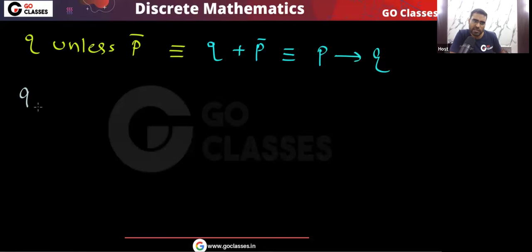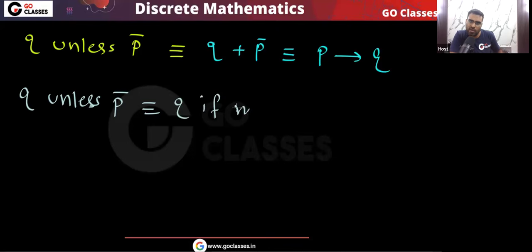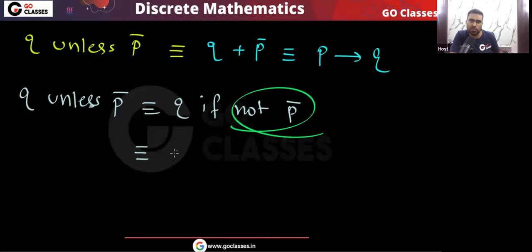Or you can understand it like this: unless is the same as if not. Q if not P bar. If not P bar, that is Q if P, which is the same as P implies Q. Is this point clear?